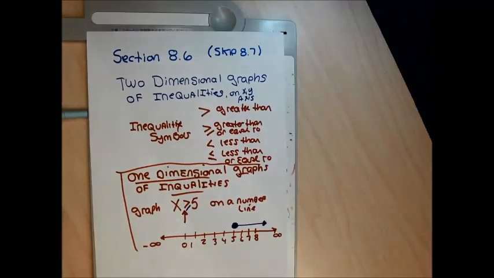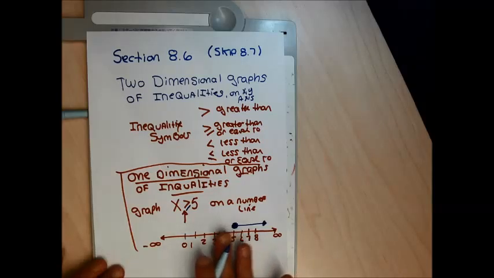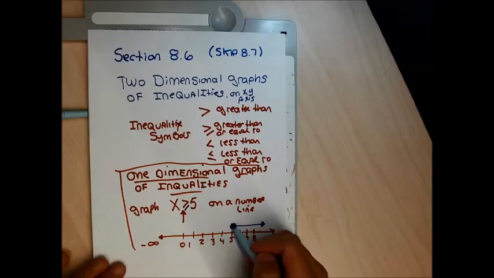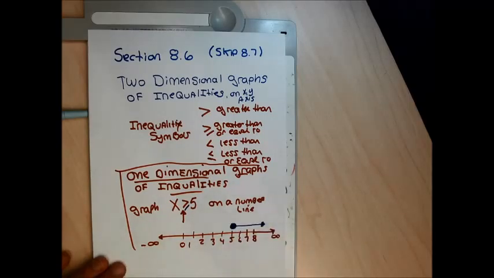And it's going to be similar in that I'm going to have a starting point and do a shading. In one dimension, I either have an open circle or a closed circle for a starting point, and I either draw a line to the right or to the left of that starting point, depending on if it's a greater than or a less than.